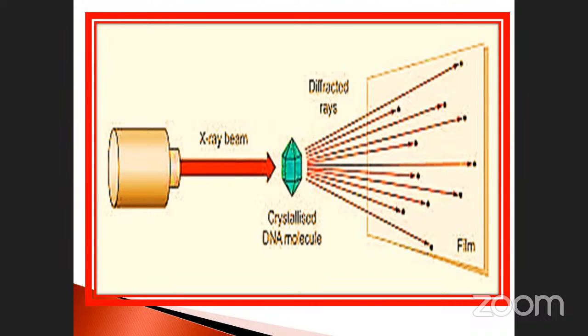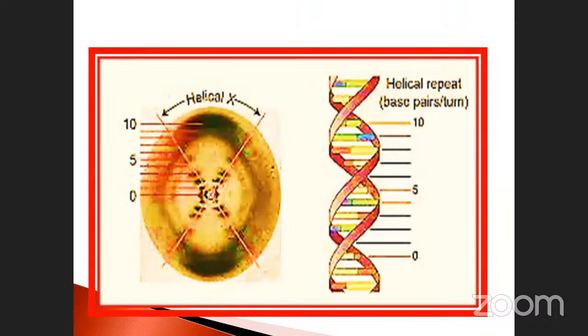How will the result be? See, this is the result. See, this is the structure after getting the X-ray diffraction. Started from 0 and 5 and 10. See the helical X. Helical means the rotation will be like this. So this is 0 and 5 and 10. Okay, as a result, you will get the result.